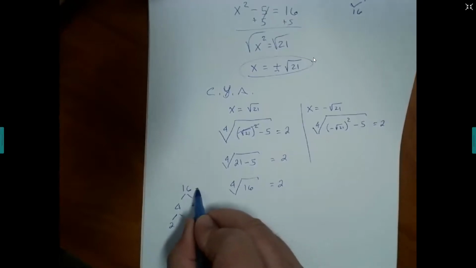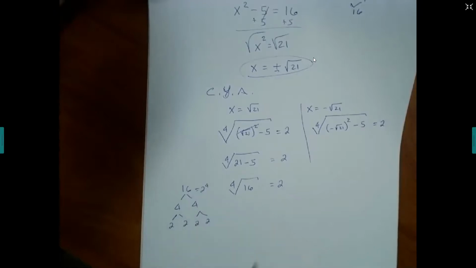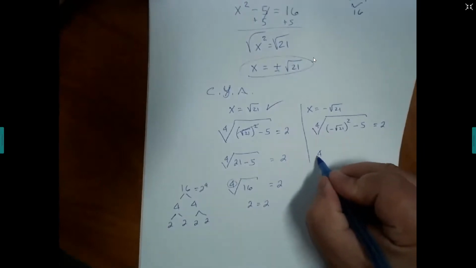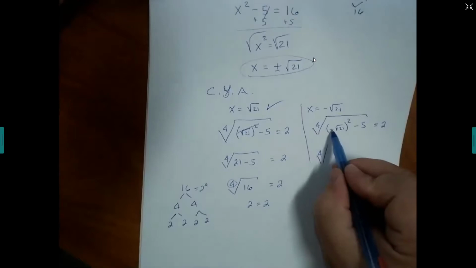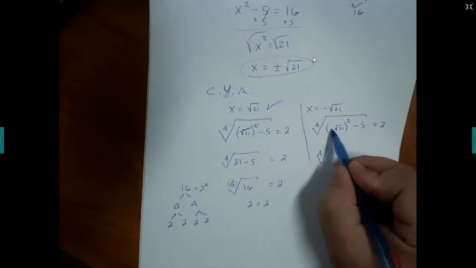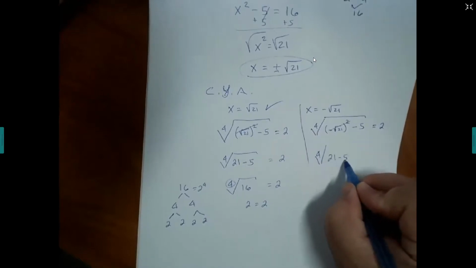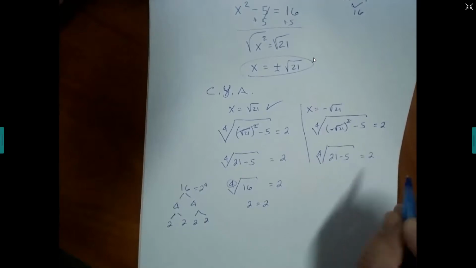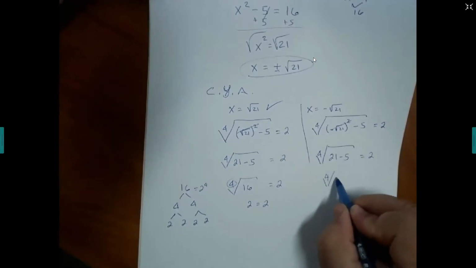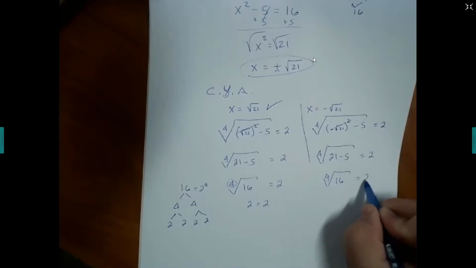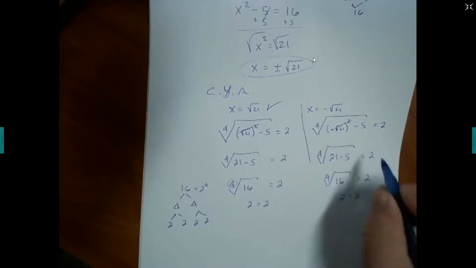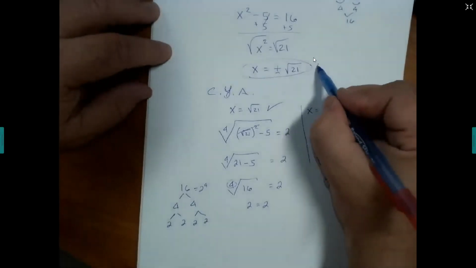So 16 is 2 to the 4th. So there's 4 of them. So this one works. Negative squared is positive. So we're back to the same thing. So our answer, that is our valid answer.